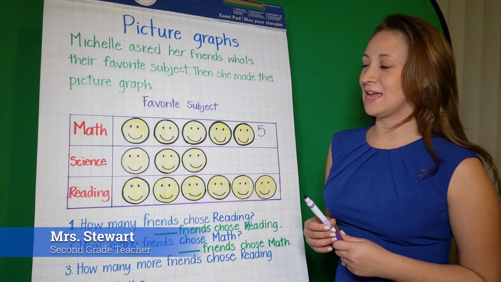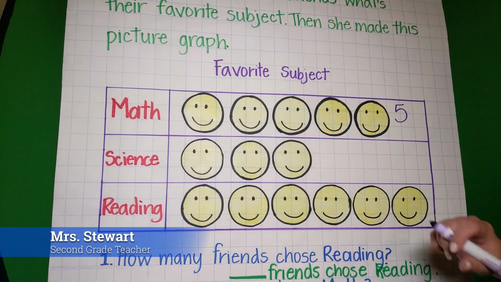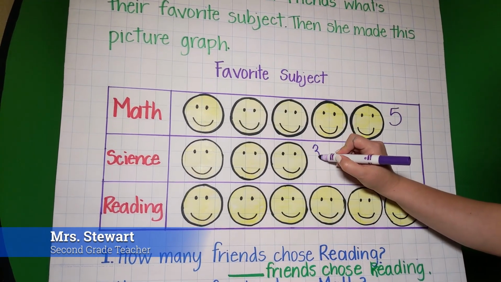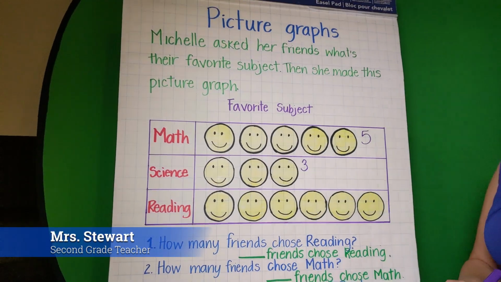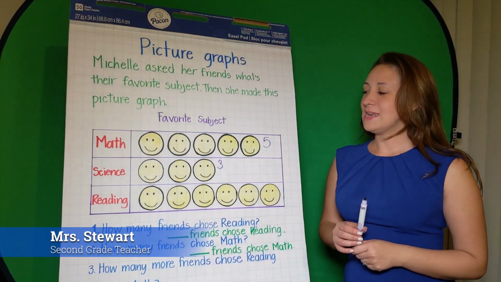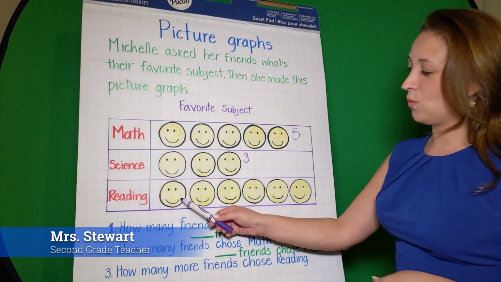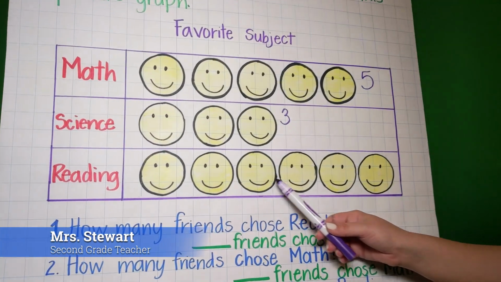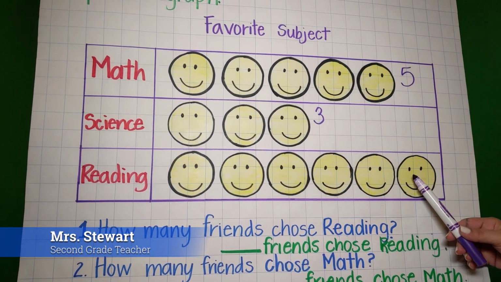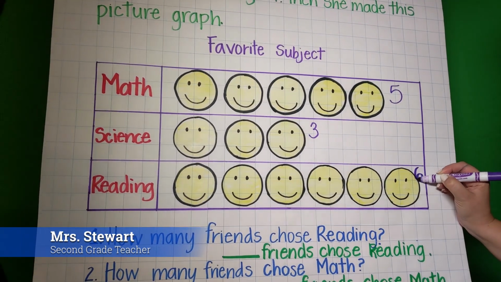How many students like science? 1, 2, and 3. And we're going to label so that we can remember our numbers. Now we're going to look at reading. 1, 2, 3, 4, 5, and 6. And we're going to label.